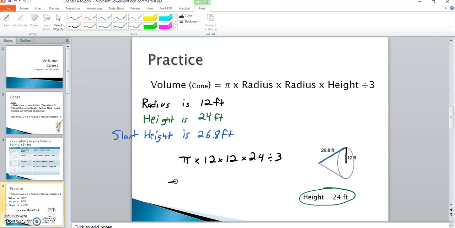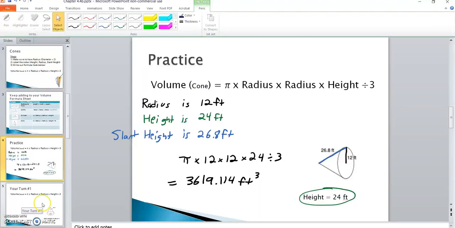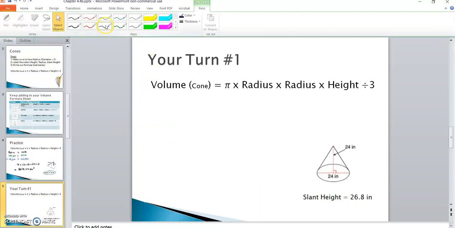Okay, so you should have got 3,619.114, and that's going to be feet cubed because we're working with volume. Let's go to our next one.